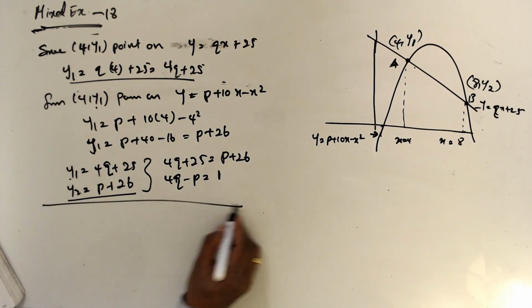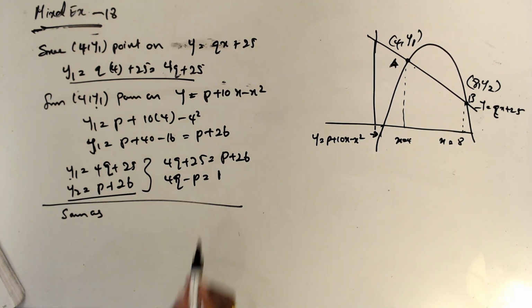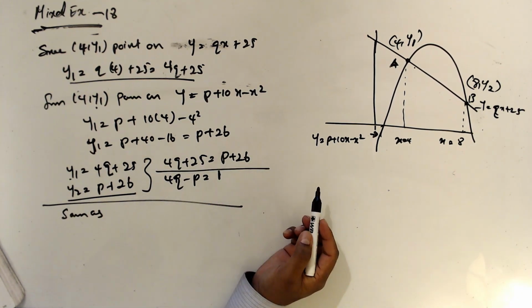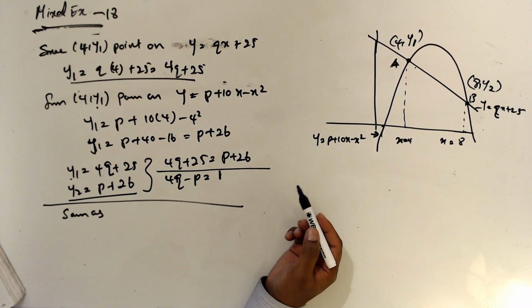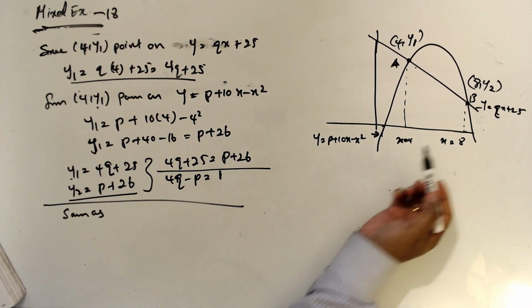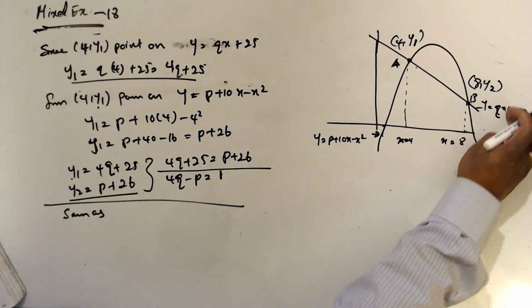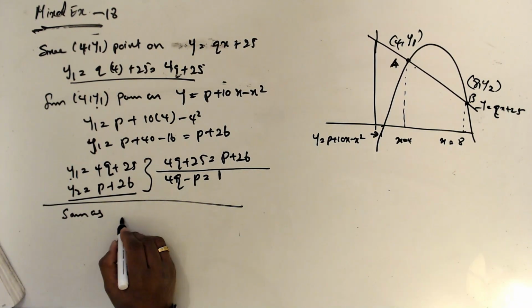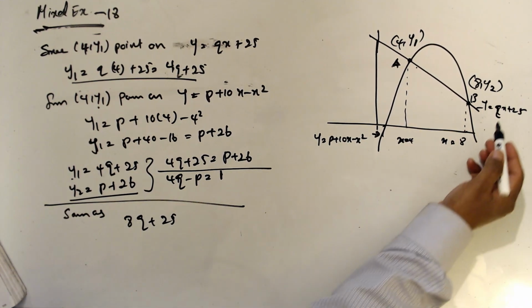Now, by looking at this, I am going to write this equation. I'll substitute x here, so that is going to be 8q plus 25 here.